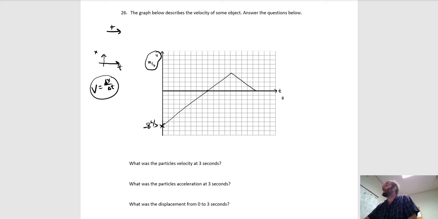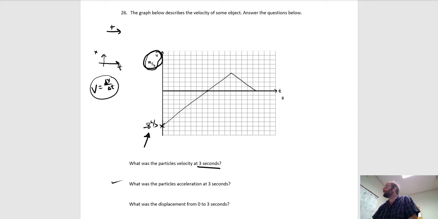Here, the graph is telling us the velocity at any given time. So, for example, the particle's velocity at t equals 0 is 8 meters per second left, or you could just say minus 8 meters per second. Repeat for 3: when it says what is the particle's velocity, go to 3 seconds on the graph and just read it. It's not a slope calculation.